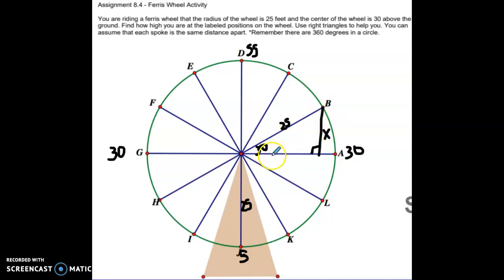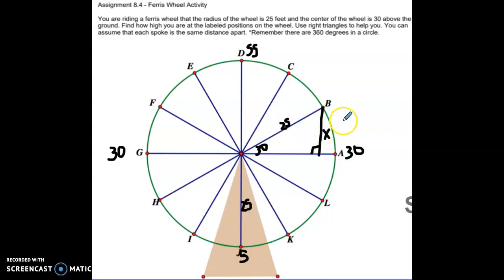Okay, so I have a right triangle. I know one of the acute angles. I know the hypotenuse, but I don't know this leg, and this leg happens to be the opposite leg. So what trig function am I going to use when we have the acute angle, the hypotenuse, and the opposite leg?